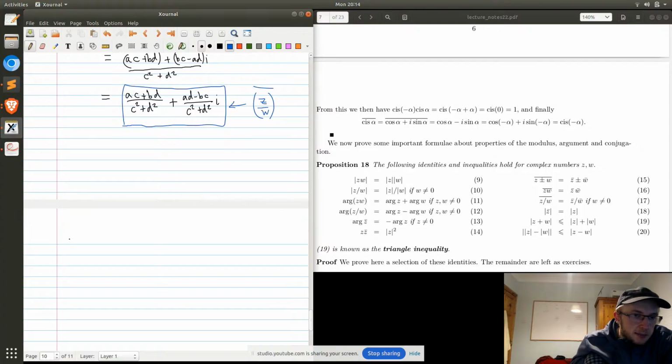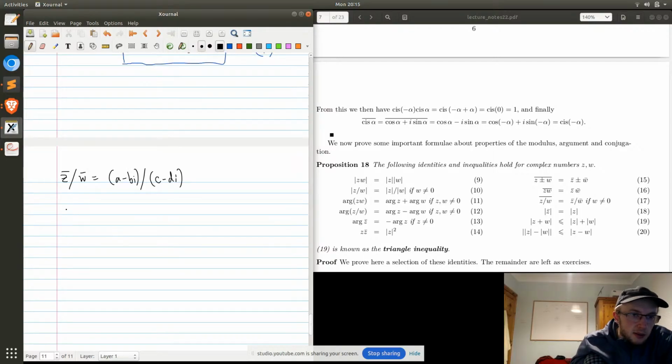So z bar is a minus bi. w bar is c minus di. And I'm still not at the stage where I can just do this totally in my head. I need to write it out.